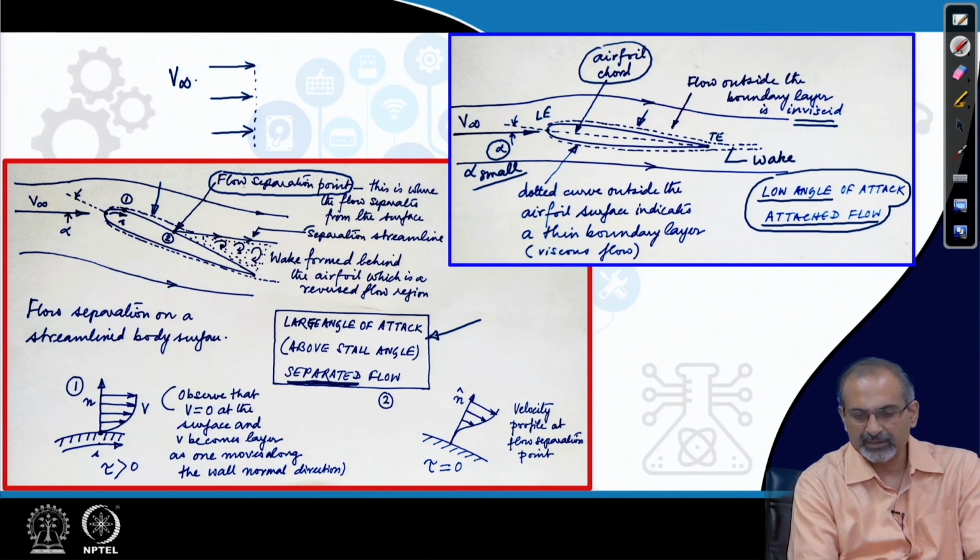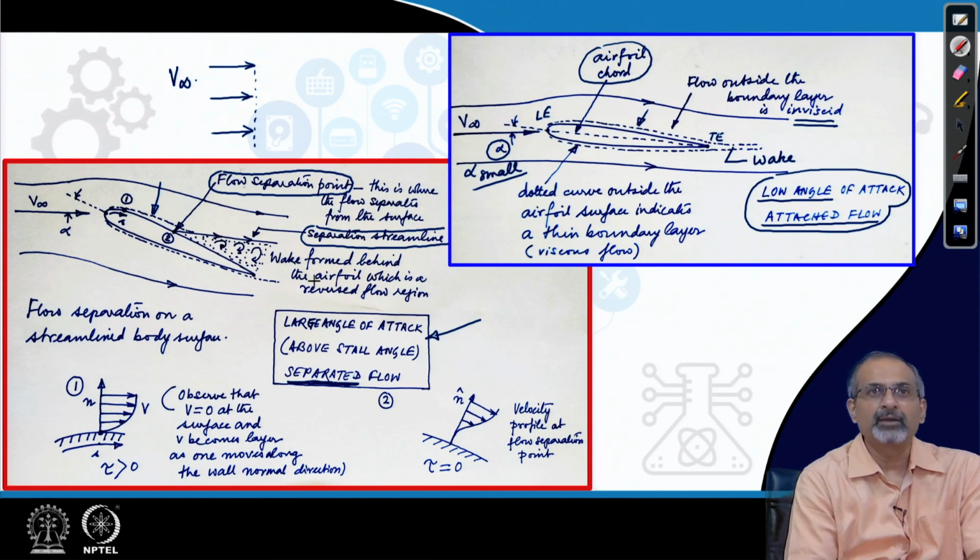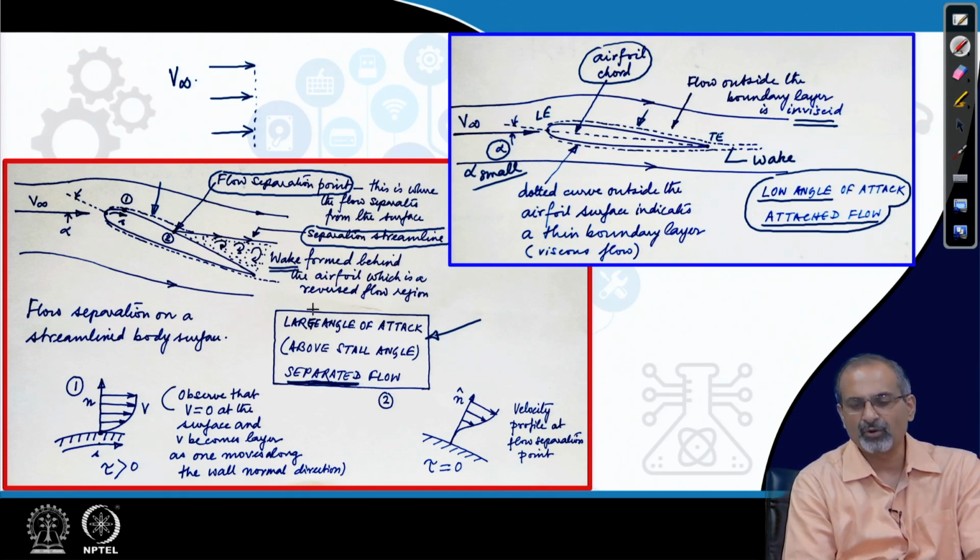So, we would call that streamline a separation streamline, and what is left behind between that streamline and the leeward surface of the body is a wide wake which is formed behind the airfoil, which contains a reversed flow region.